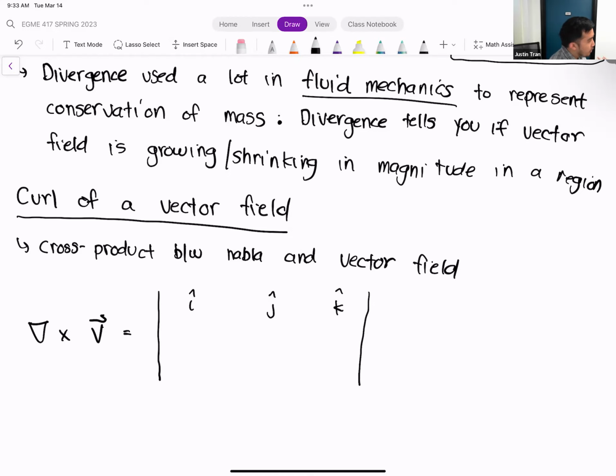In this case, we have one special input vector, which is the nabla: partial x, partial y, partial z. And the last row of the matrix is the components of our vector field: Vx, Vy, and Vz.